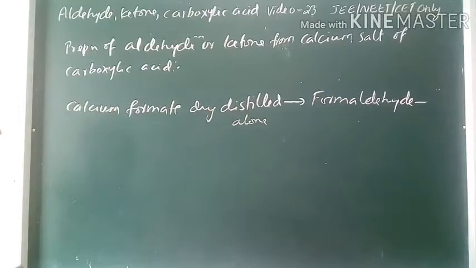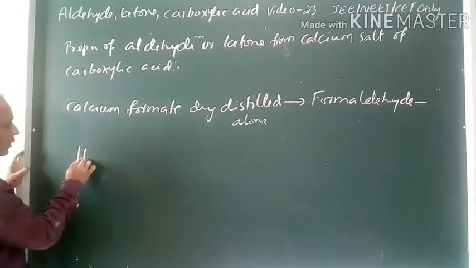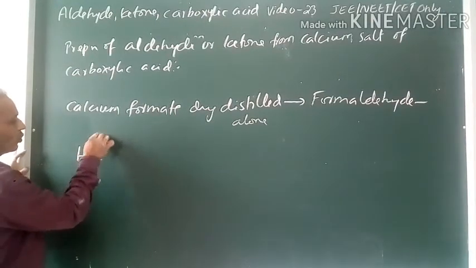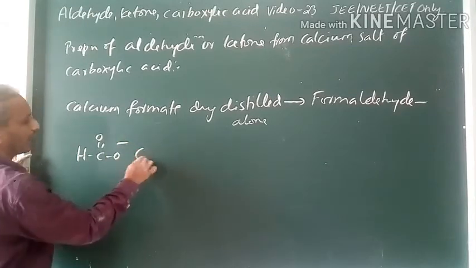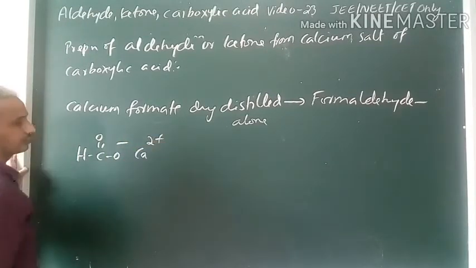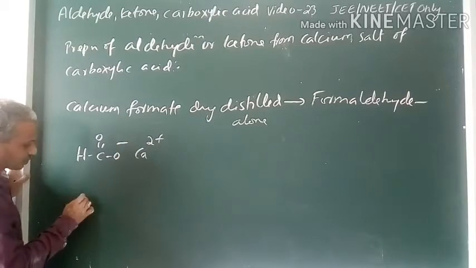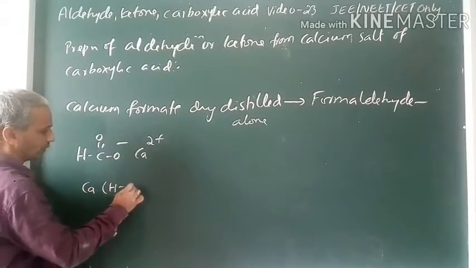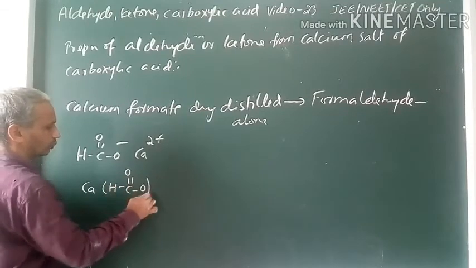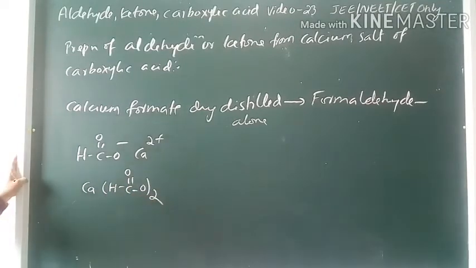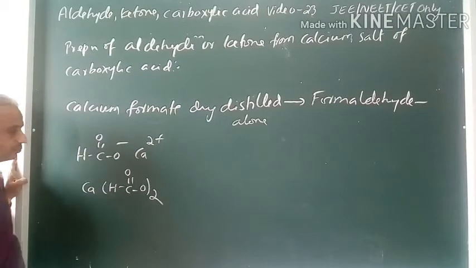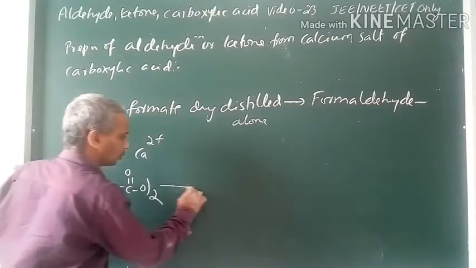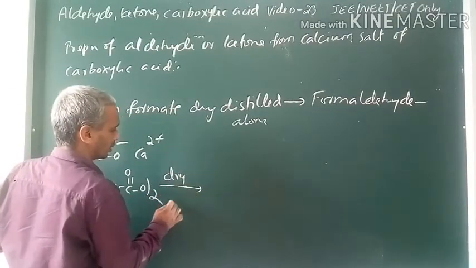What is calcium formate? Formate ion is HCOO minus ion. Calcium is 2 plus ion. So the formula is Ca(HCOO)2. This you have to go for dry distillation alone.